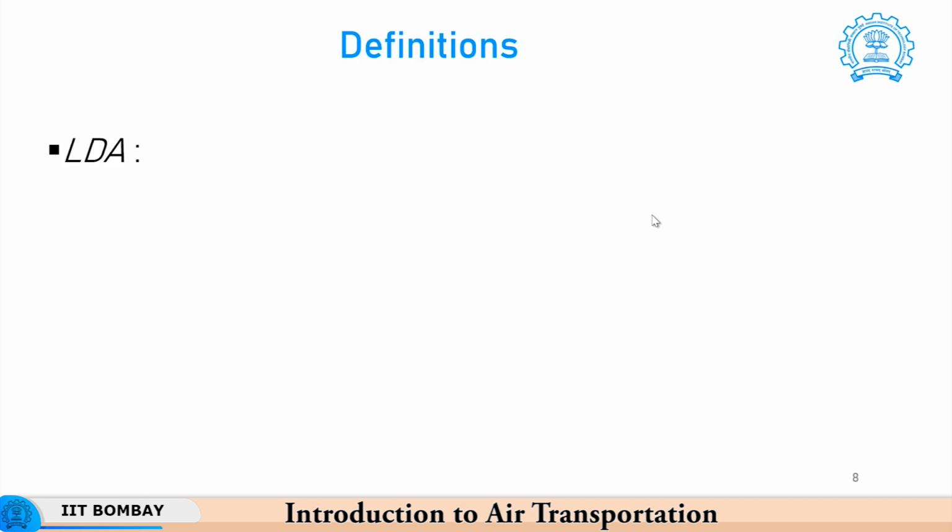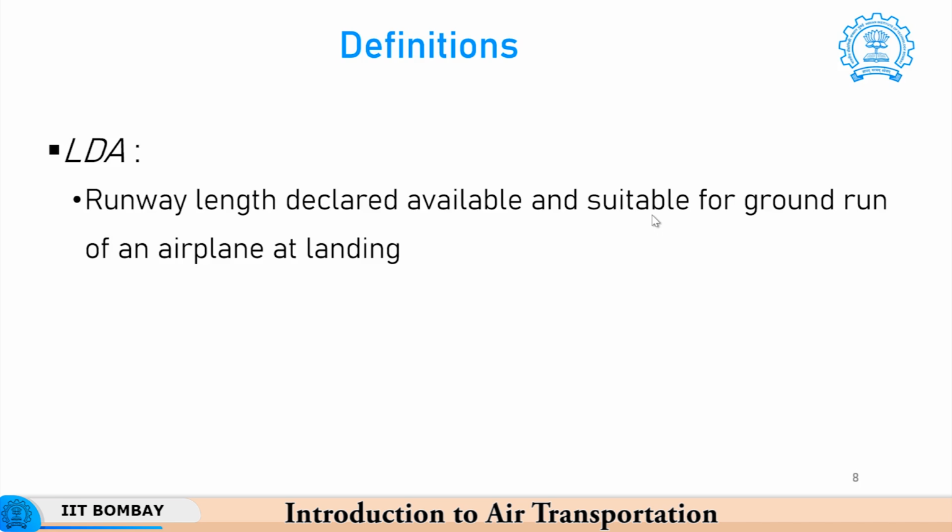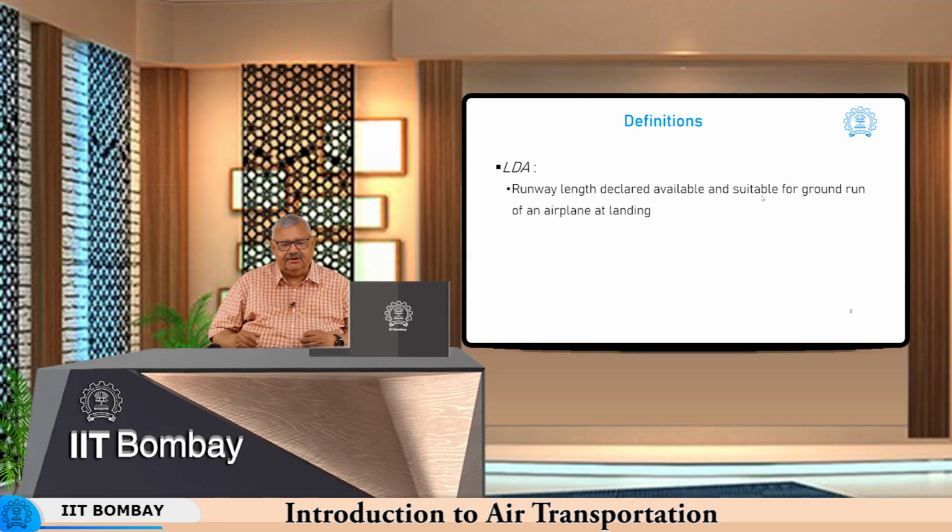Now, we go to the definition of LDA and ASDA. LDA stands for the landing distance available, that is the runway length declared available and suitable for ground run of an airplane at landing. So, after touchdown the aircraft has to be decelerated to a complete stop using reverse thrust, using brakes or whatever means, spoilers or air brakes, parachutes, whatever.